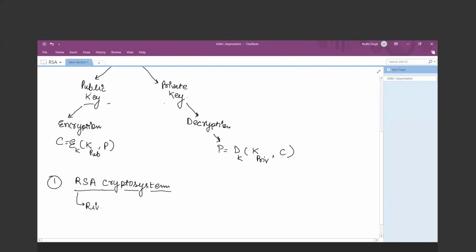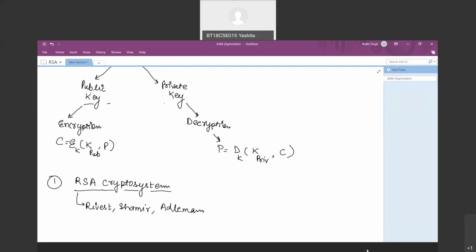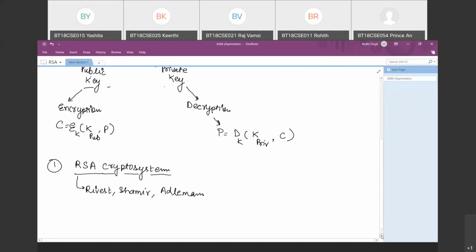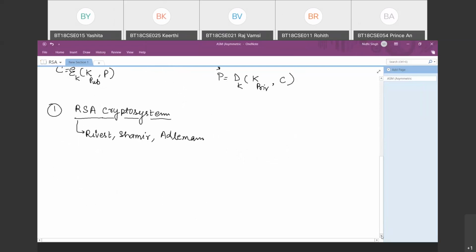R for Rivest, S for Shamir, and A for Adleman. They are the inventors of the RSA crypto system, public key cryptography. With the name of the inventors, this algorithm is named, that is the RSA crypto system.